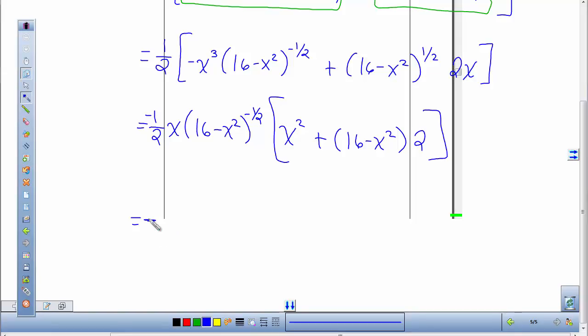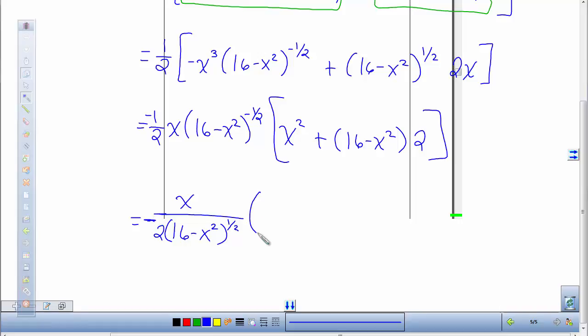I'm going to put this 16 minus x squared to the negative 1/2 in my denominator. So we got negative x over 16 minus x squared to the 1/2. My 2 is still in the denominator as well, because it was a 1/2, so there's a 2 there.